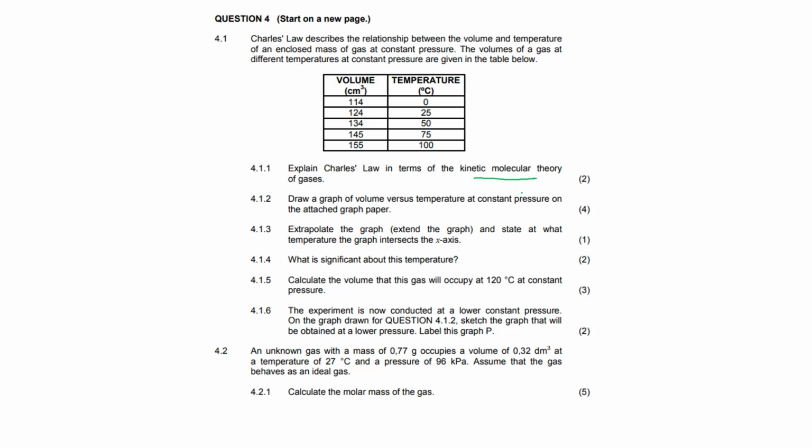Okay, so when the temperature of a gas increases, I'm just going to write it in abbreviated terms here. When the temperature of a gas increases, the average speed of the particles also increases. The molecules collide with the walls of the container more often with greater impact.